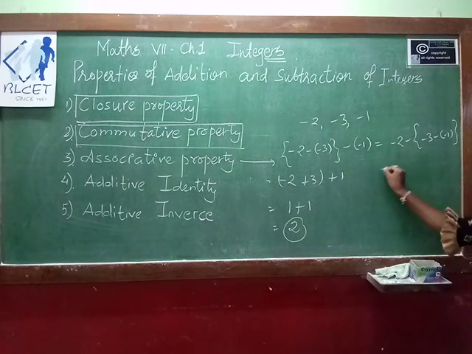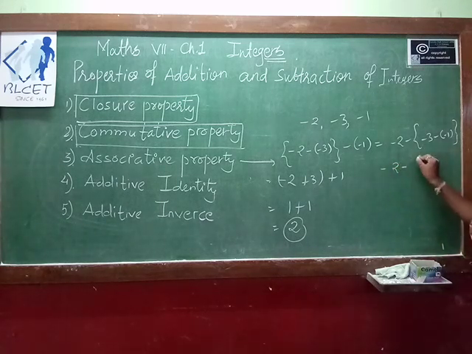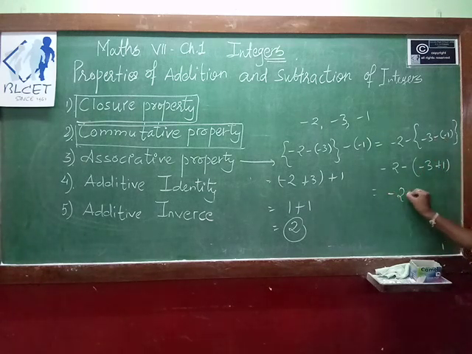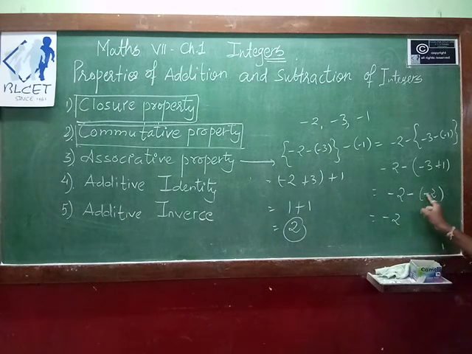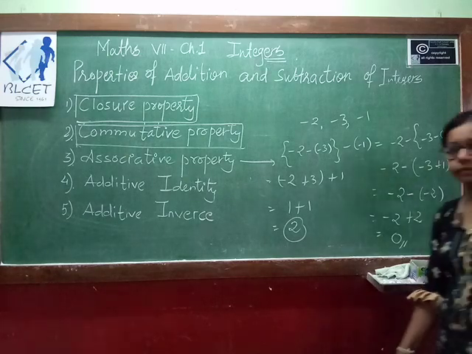Now for this side: -2 minus (-3 minus -1), which is -2 minus (-3 plus 1), which is -2 minus (-2), which is -2 plus 2. So what is the answer? 0. Do you get the same answer?